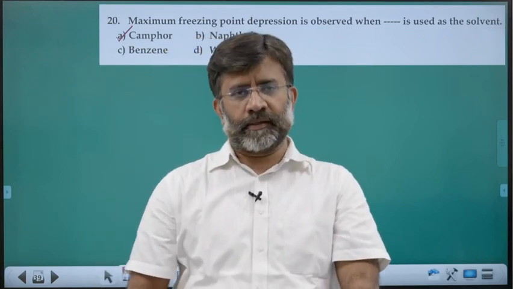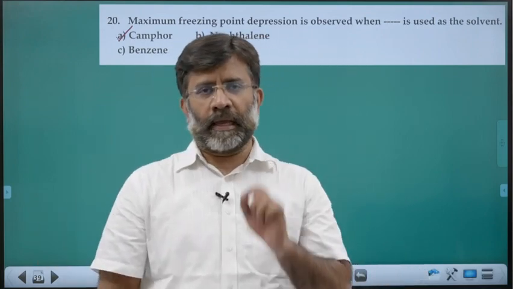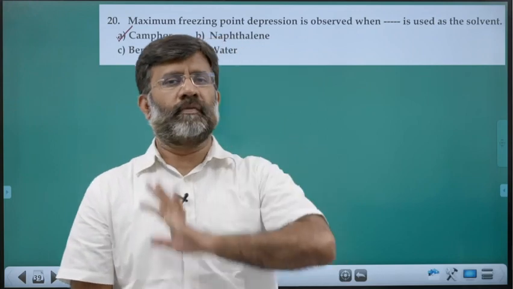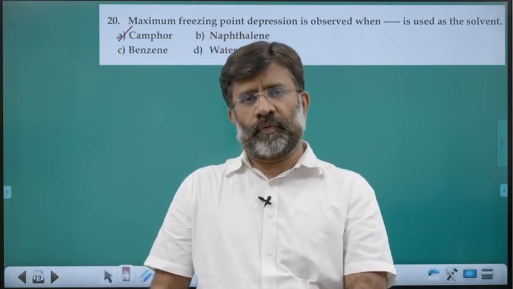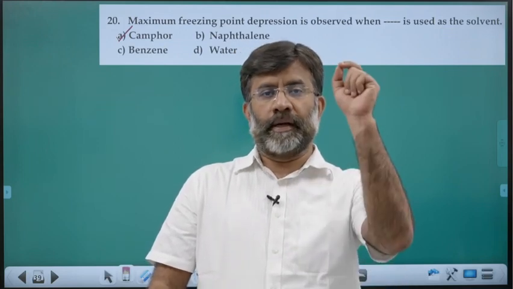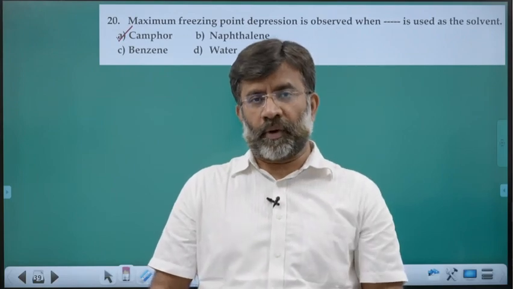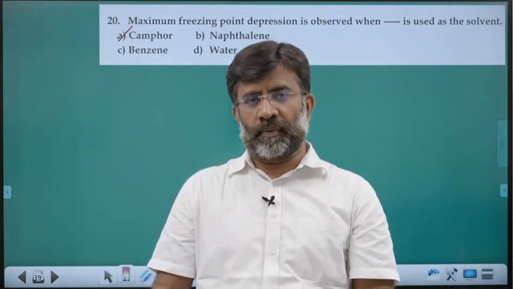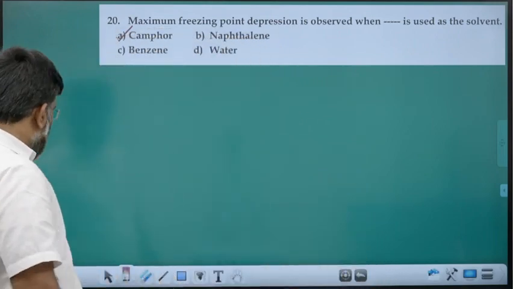Please understand and incorporate this data with that table. Camphor will have very high value of Kb and Kf. When Kb, Kf value of a solvent is very high, the observed delta Tf, delta Tb will be very high. Elevation in boiling point will be very high. Colligative property will be very high. And the answer is camphor.